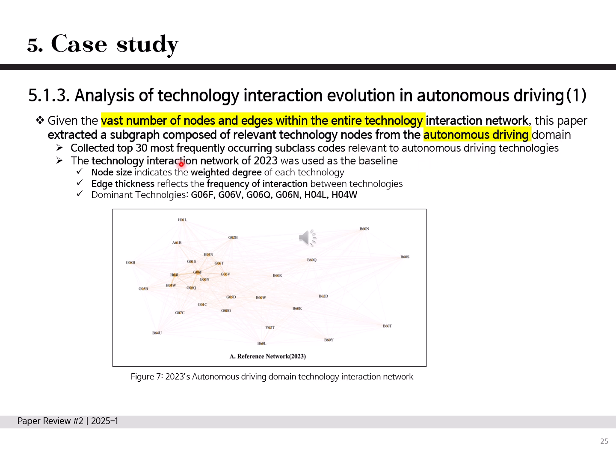They collected the top 30 most frequently occurring subclass codes, and the technology interaction network of 2023 was used as the baseline. They used node size and edge thickness to represent the weighted degree, or frequency of interaction.